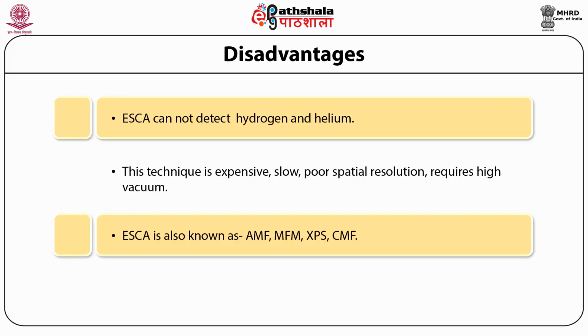So it's a destructive technique which cannot be used for any other form of analysis. In addition to this being very expensive, very slow, giving very poor spatial resolution and requiring very high vacuum, it also cannot be repeated for ascertaining the experiment. You have to have this layer deposited afresh in order to carry out the analysis. One other very serious disadvantage of this technique is that it requires very high vacuum.